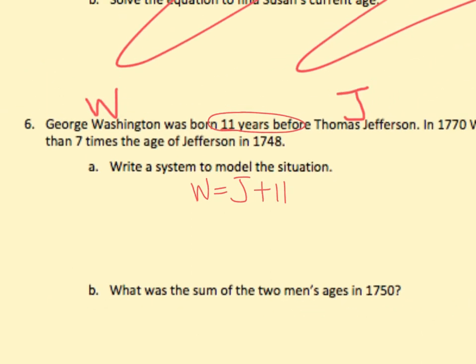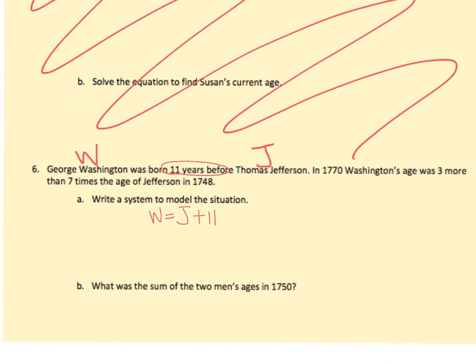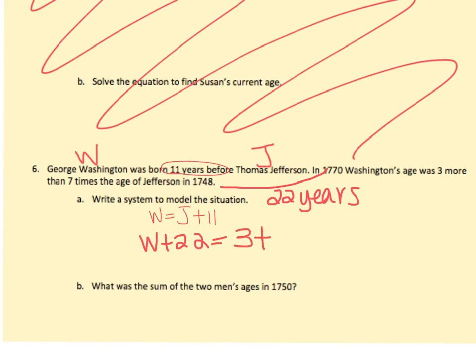The second piece says, in 1770, Washington's age was 3 more than 7 times the age of Jefferson. So, the difference between the 2 years that they're talking about, from 1770 to 1748, was 22 years. So, Washington plus 22 years. After 22 years, Washington was 3 more than 7 times the age of Jefferson.